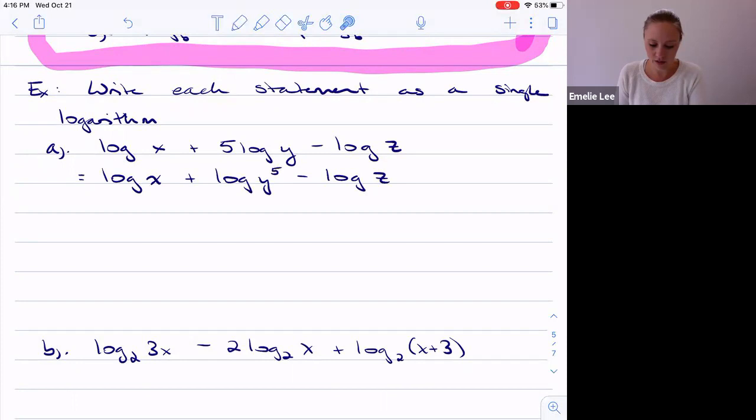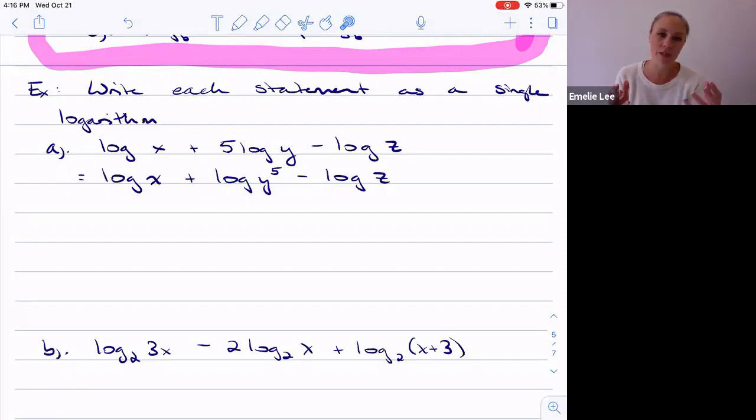Because now I've got a log and a log and a log, and it doesn't really matter what's inside, but if things are being added inside that same log, I am multiplying, and if I'm subtracting, then I'm dividing. And because I end up multiplying and dividing, the order that I smush these together doesn't matter.